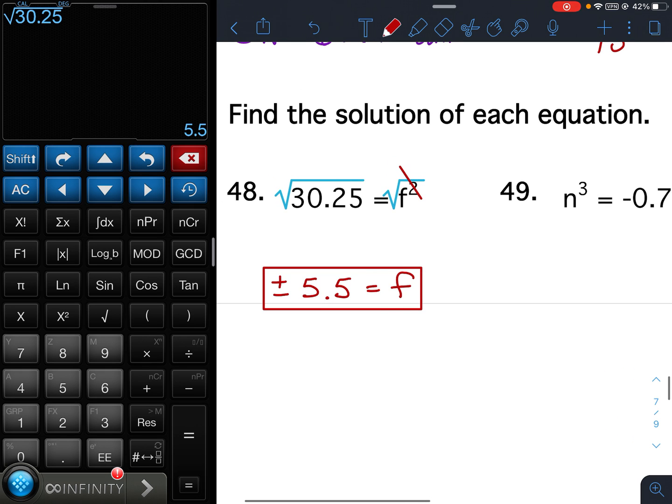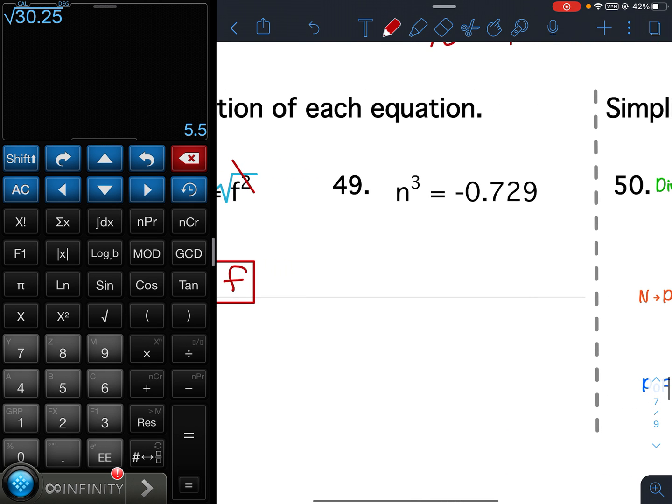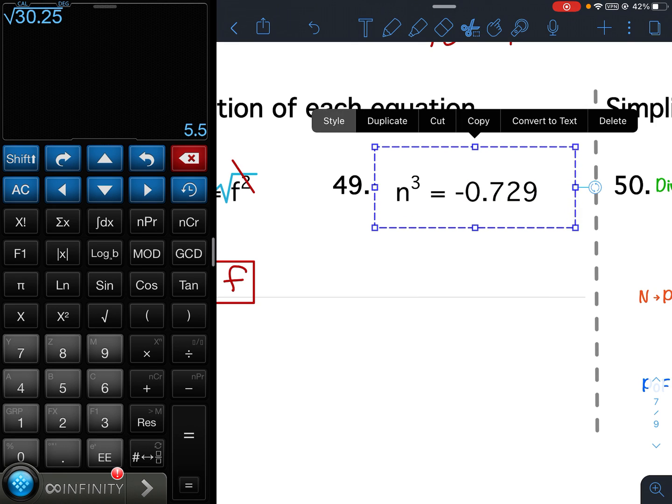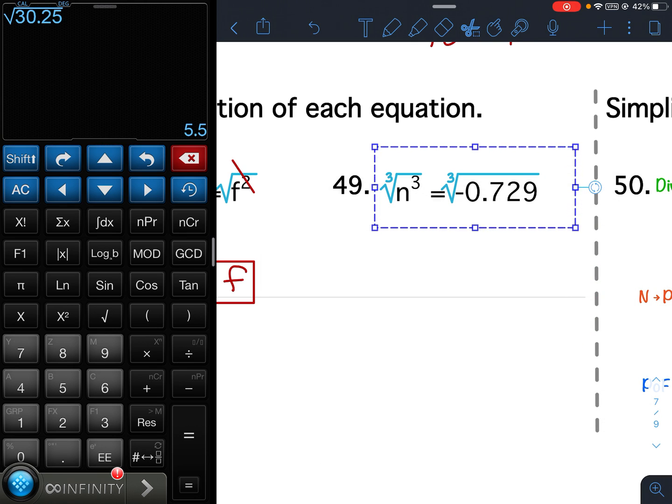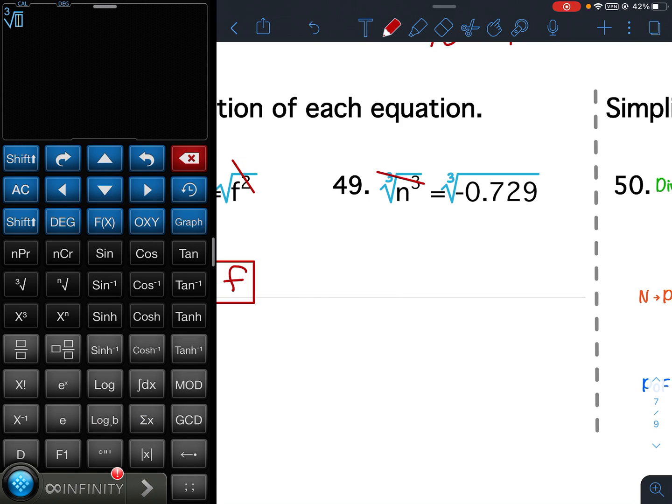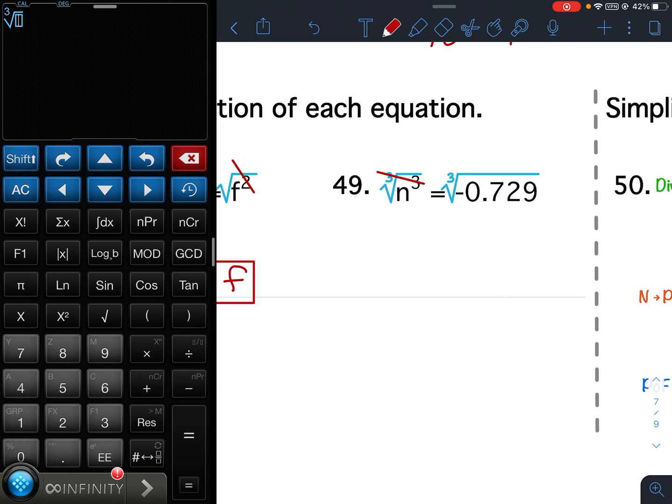All right, for 49, this time we are taking the cube root of both sides because the inverse to cubing a number is the cube root. Don't forget those 3's. So I need a cube root, so make sure you have that 3. And then it's going to be negative 0.729.